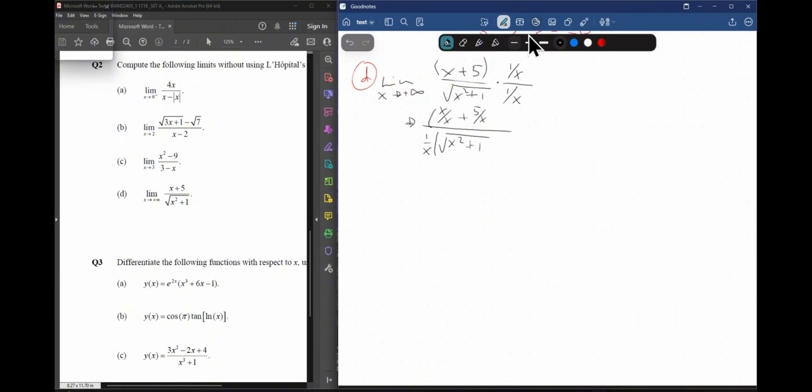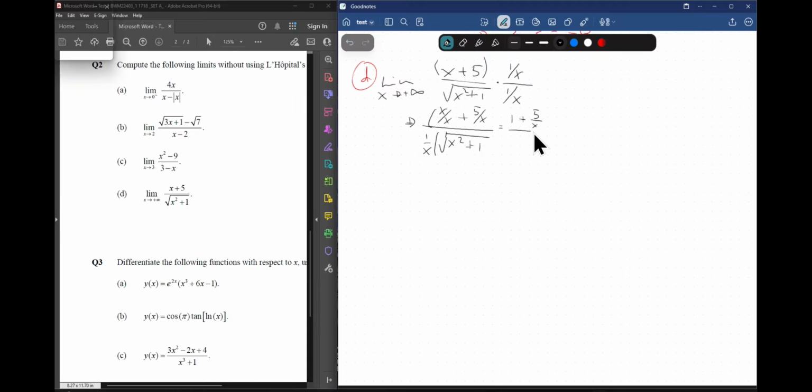Especially on the denominator side, 1 over x can get inside the square root sign and become 1 over x squared also. So in this case, the numerator will become 1 plus 5 over x.